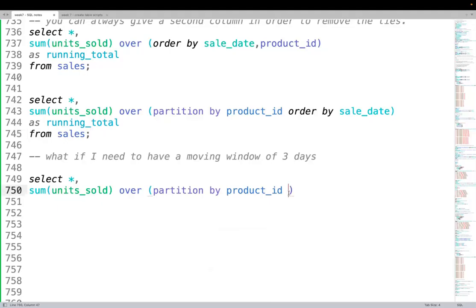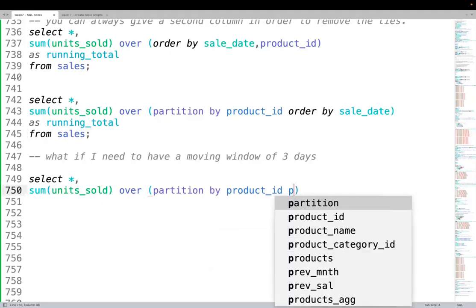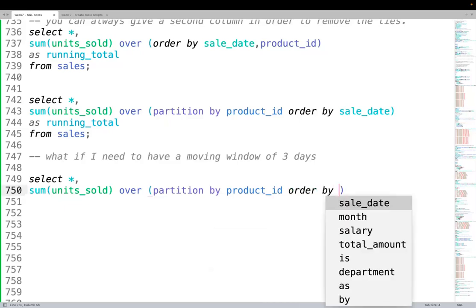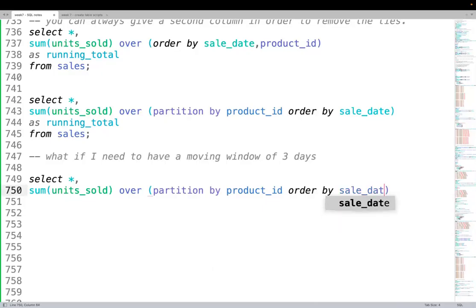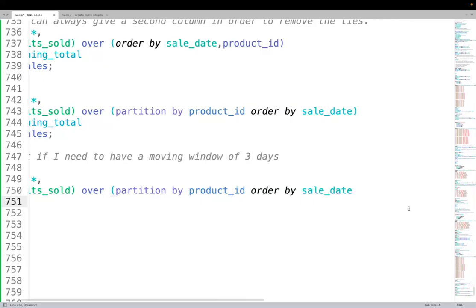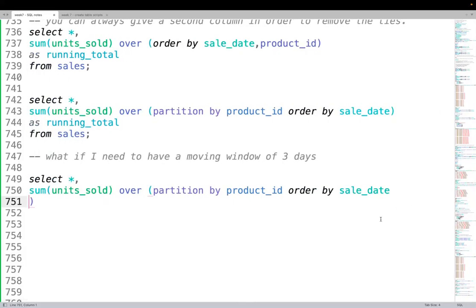So partition by product ID, order by sale date. Earlier I just gave this, partition by product ID, order by sale date. Now I will give something else to this. I'm just putting it down because otherwise I have to scroll towards the right. So it's a continuation to this.